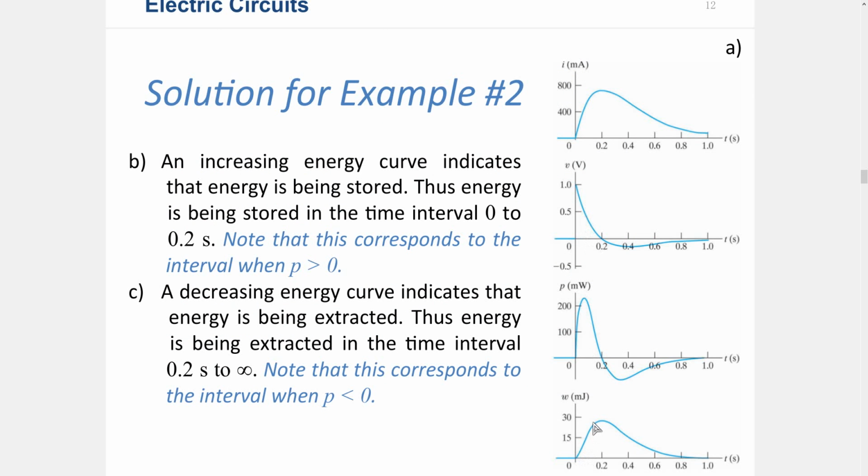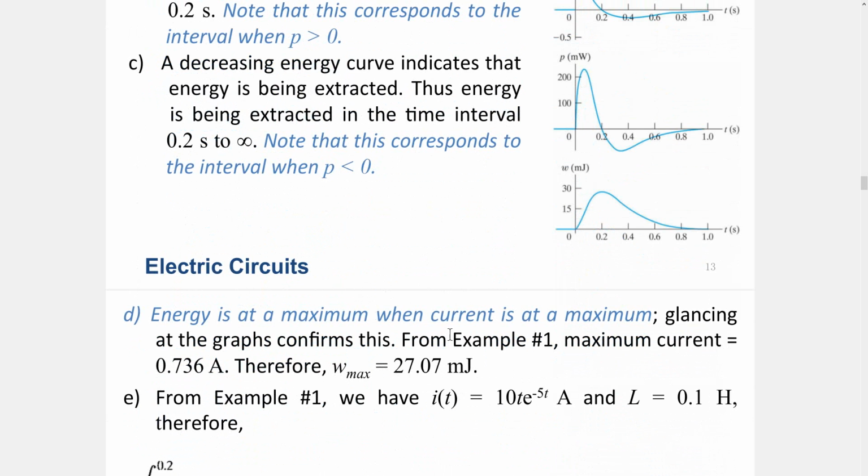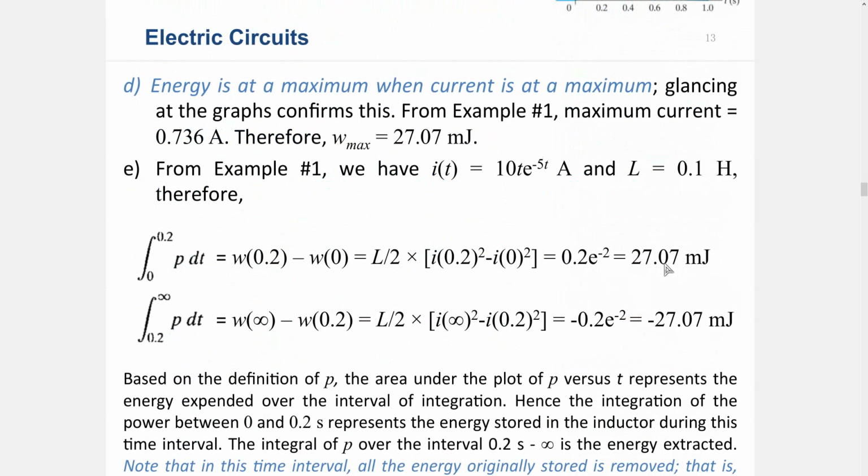We have simply stored 27 millijoules, and after 0.2, when the voltage polarity changes, we start to deliver that stored energy back to the external circuit. So if you do the math, from 0.2 to infinity, the energy returned or delivered is minus 27.07.